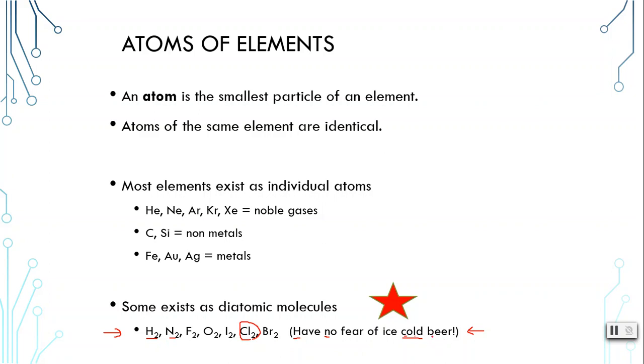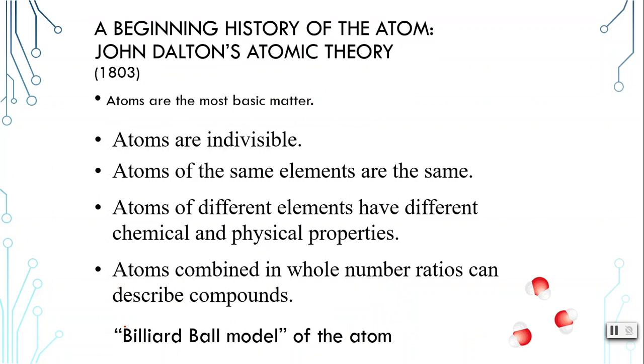And with the beer, it's not B for boron, it's Br for bromine. However you can best remember, you need to know that these are the elements that exist as diatomic molecules. Why these particular elements exist as diatomic molecules, we'll talk about much later in the course. For right now, just know that they don't exist as individual atoms in their most stable state. They exist as diatomic molecules.